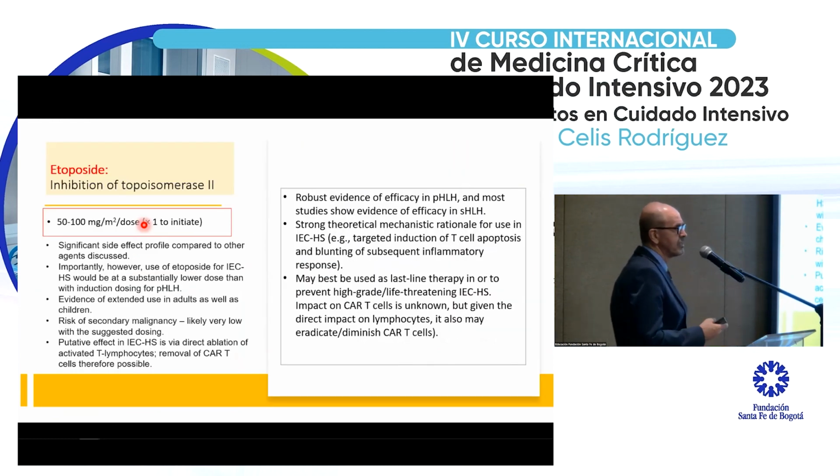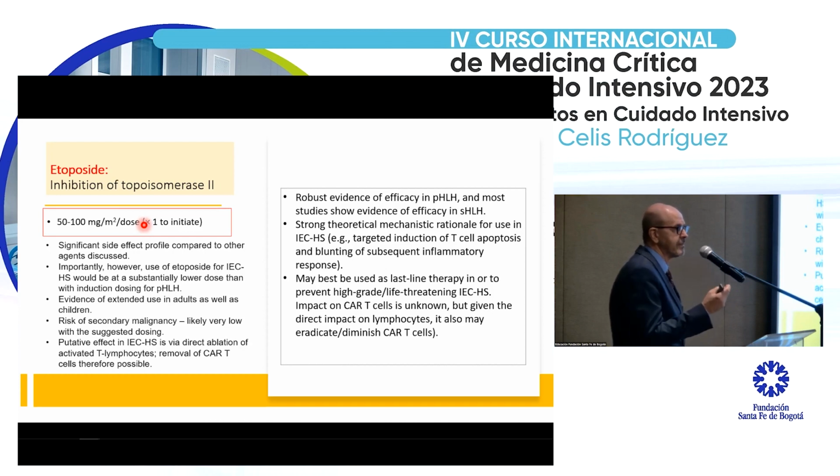Etoposide has been used in kids for many, many years, and it's kind of the last drug that we use these days. And the reasons are two. The first reason is because it has a 5% chance of producing a secondary malignancy, like acute leukemia. And the second is that it actually can destroy the CAR T cells.